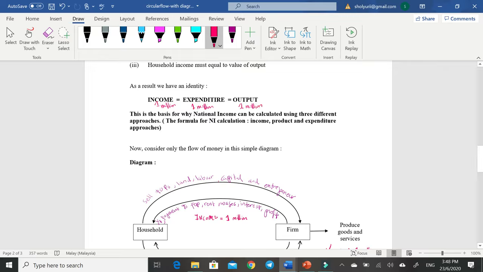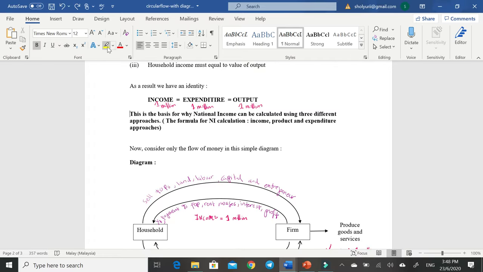And it said here, this is the basis why national income can be calculated using 3 different approaches.